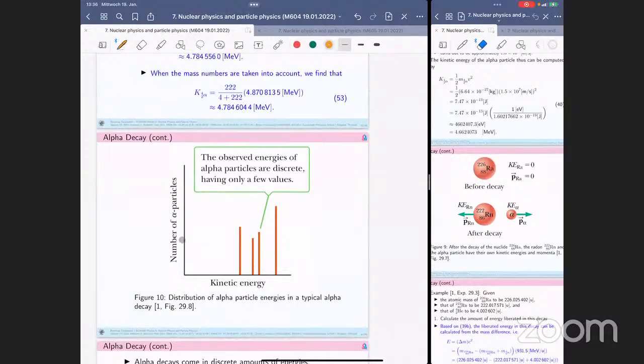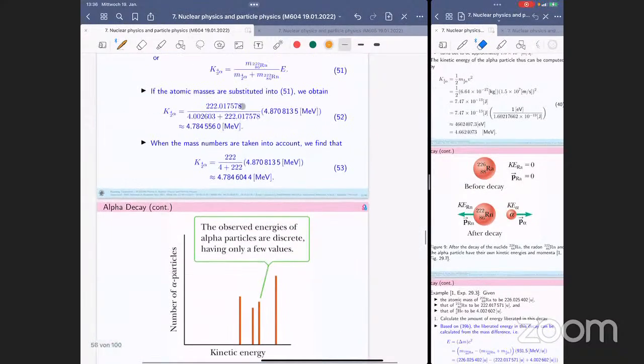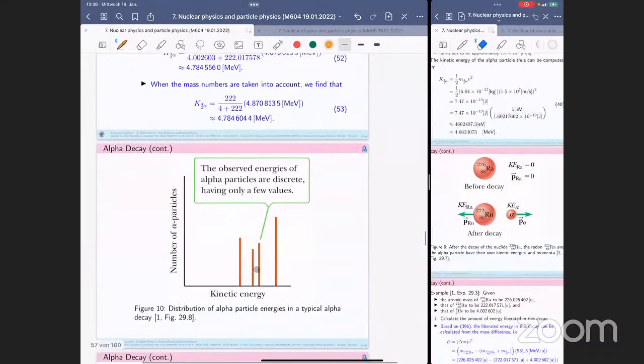The y-axis is the quantity of alpha particle number, how many alpha particles you have, and this is the bar, the value of the kinetic energy you have got, which is similar to what you have seen in the calculation. It is found that the observed energy is not continuous. They have certain values. The kinetic energy does not take place everywhere, only at certain values.